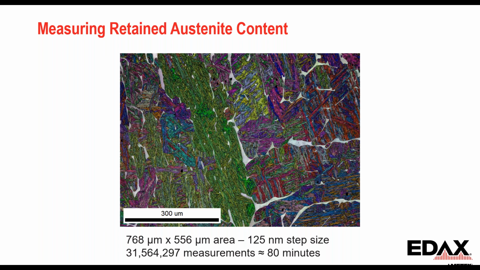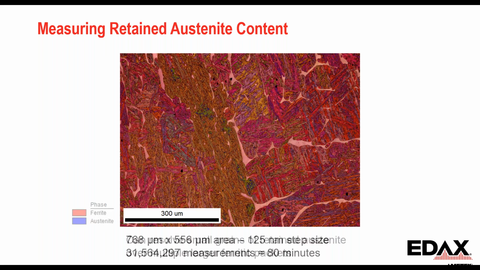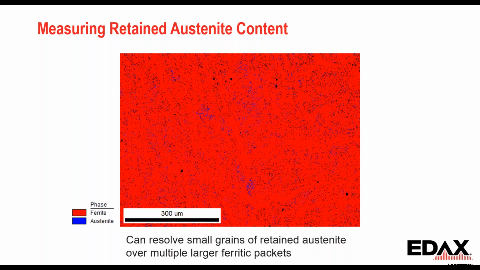And if we look at the phase map, we have the ferritic packet material as the majority of the material, but those blue points are the very fine austenitic grains that we're really interested in. And so with this large area collection, with this fine step size, we're able to find these regions of retained austenite.